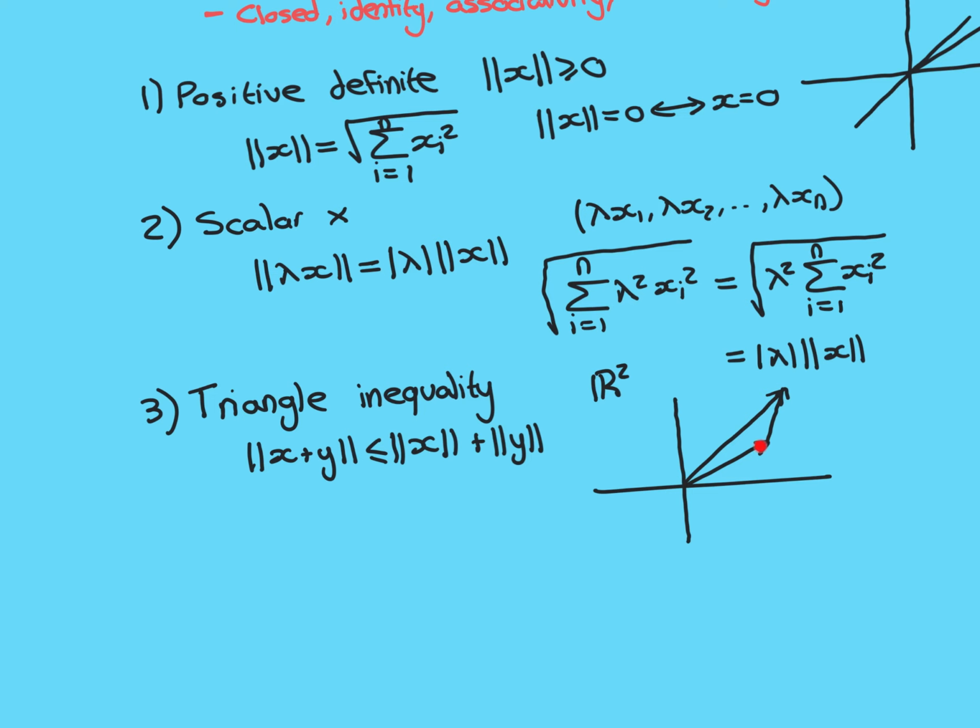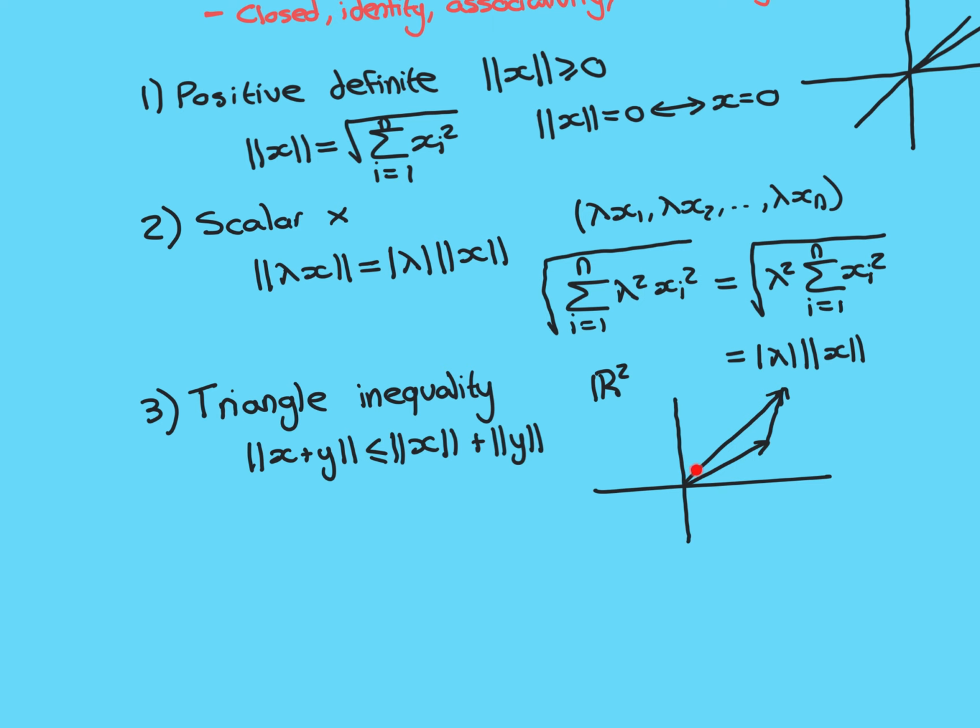If we have a vector x, the arrow going from the origin to that point x, and then a vector y, the arrow from the origin to that point y, then adding the vector x to the vector y corresponds to putting the arrows head to tail like this, and we get this resultant arrow, which is the vector x plus y.